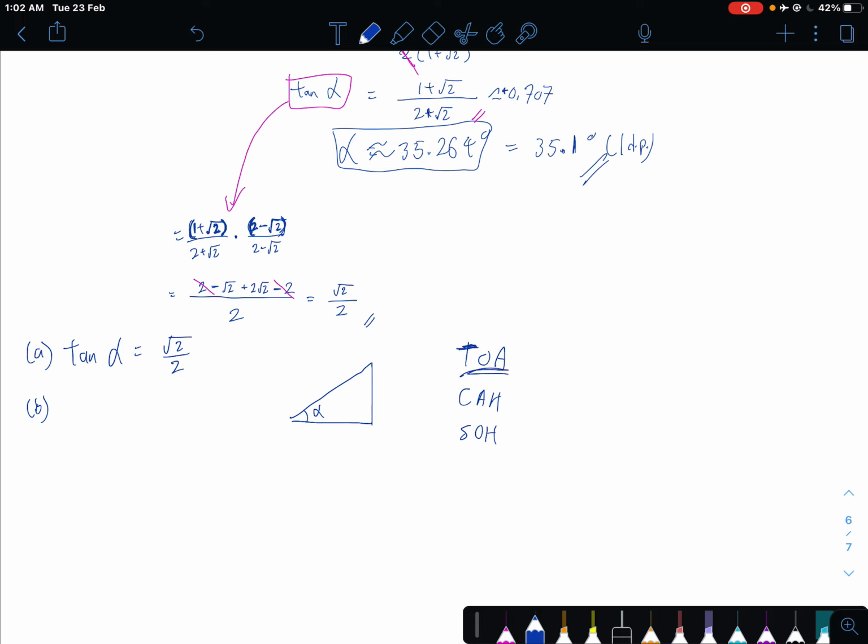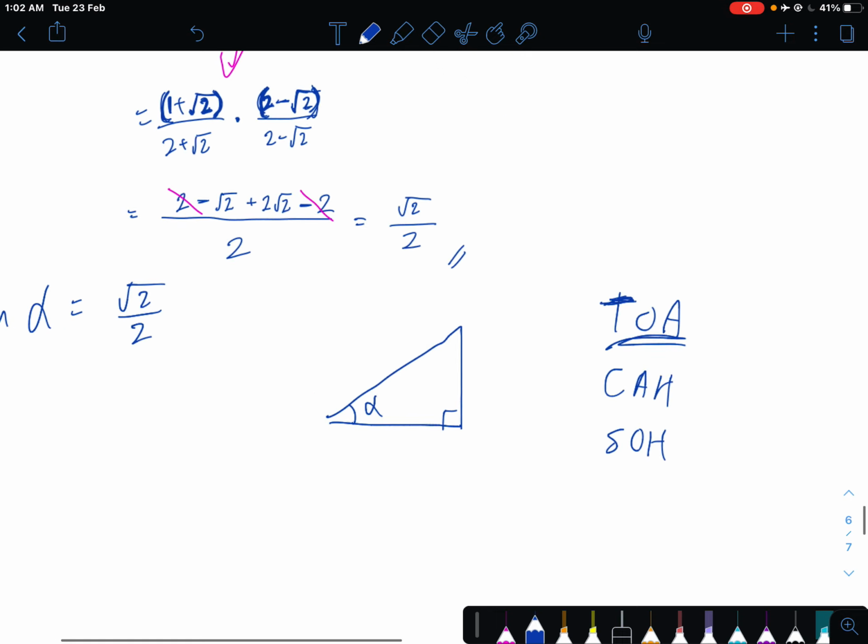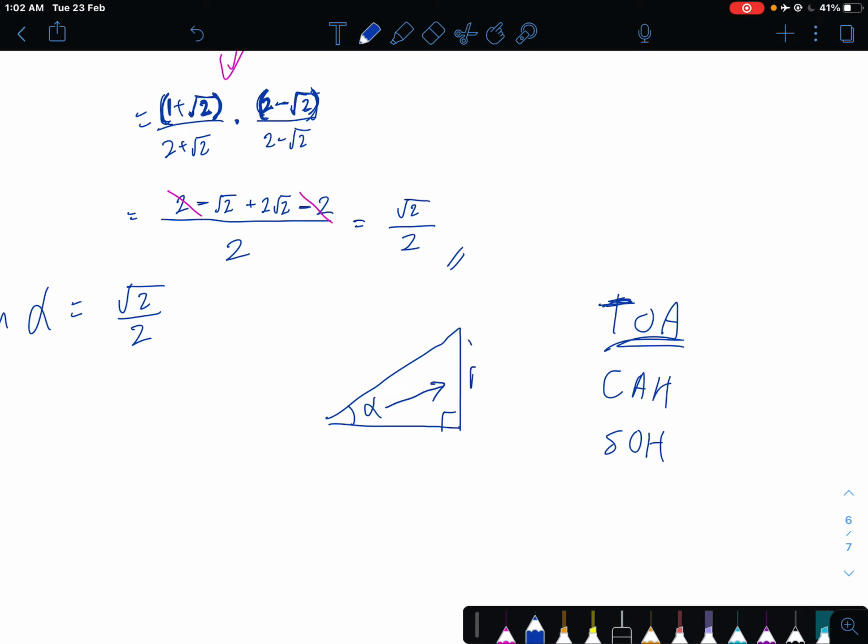What does TOA mean? Tangent is equal to opposite over adjacent, right? So in a right angled triangle, opposite to the alpha means this length over here. You should know this already from E Math.